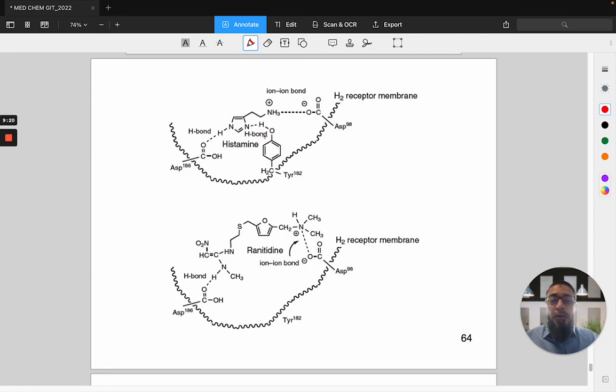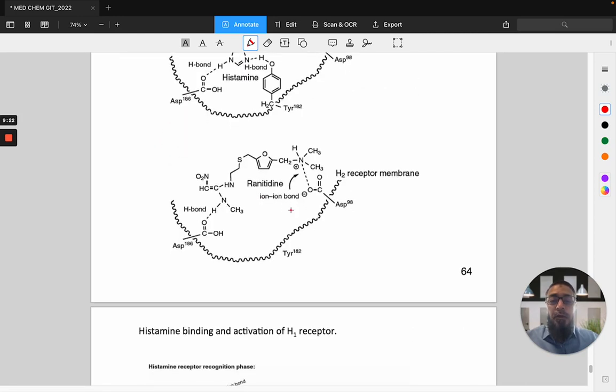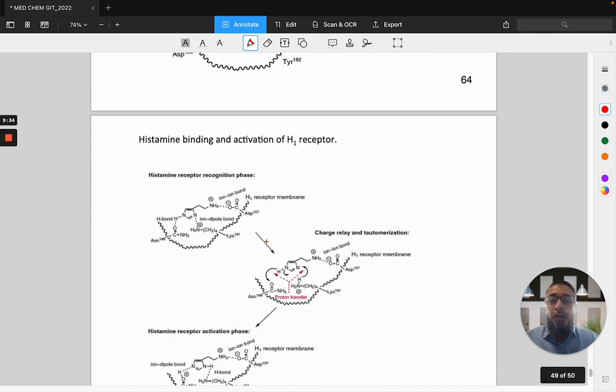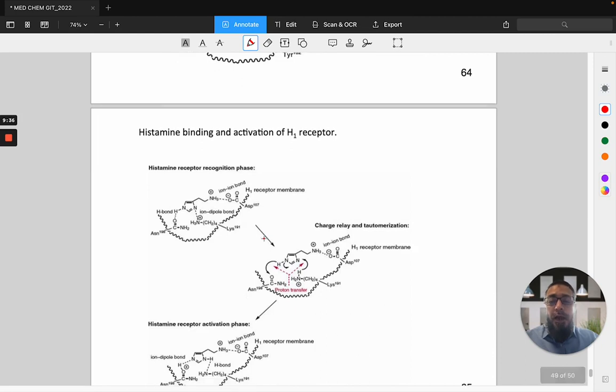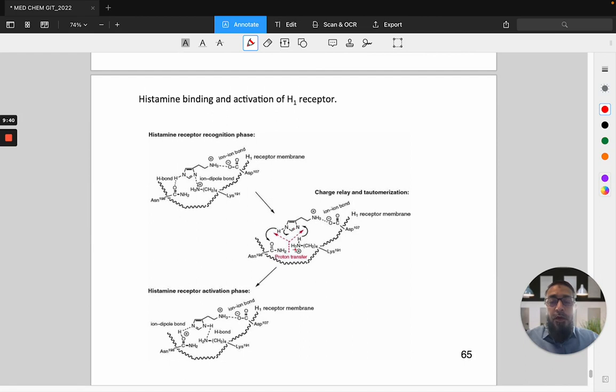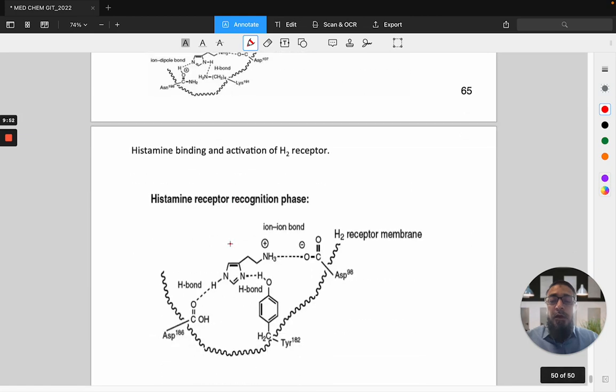You can see this is ranitidine binding with the H2 receptor membrane through hydrogen bonding and ionic bonding. And this is the histamine binding and activation of the H2 receptor. The binding modes are almost the same, but it depends upon the molecule how strongly it binds with the receptor.